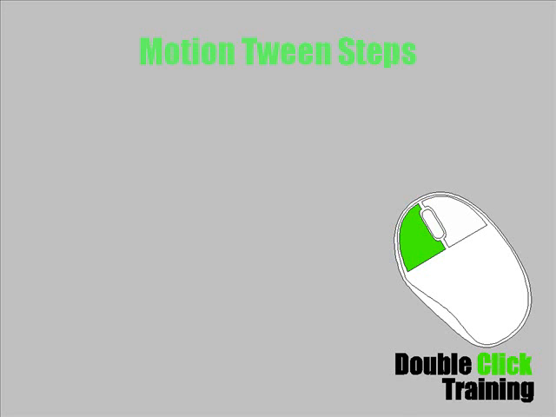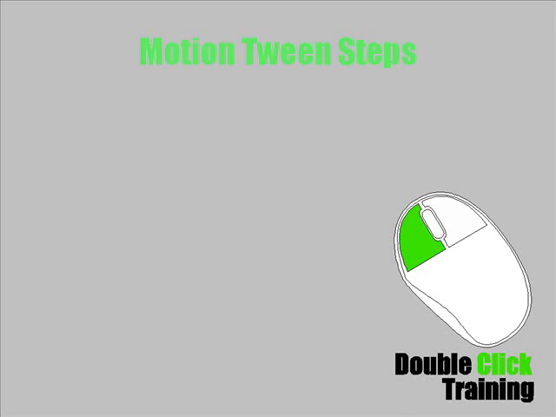When I first started working inside of Flash and I came across motion tweens, it took me a little while to be able to catch on and remember all the steps that were necessary in order to do this. So what I've done here is I've jotted down five easy steps that you need to go through in order to create a motion tween within Flash.